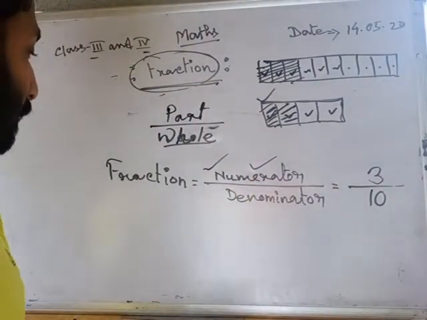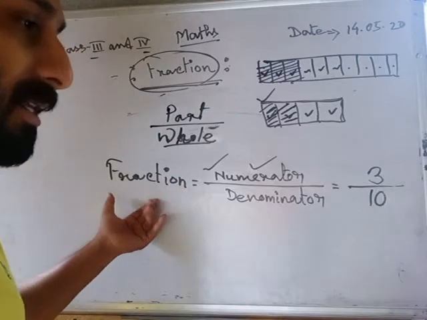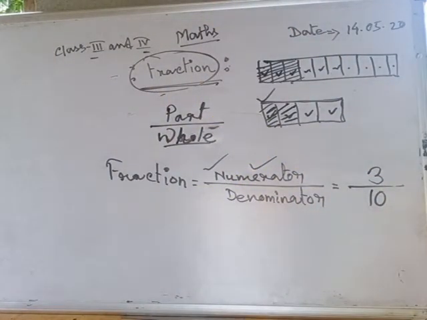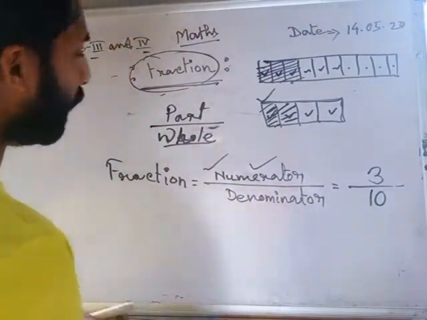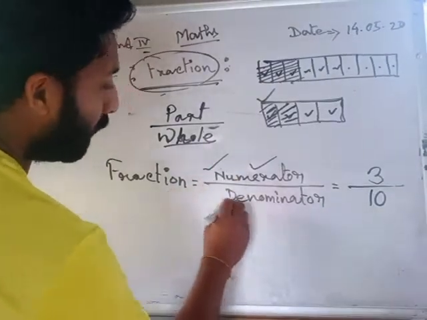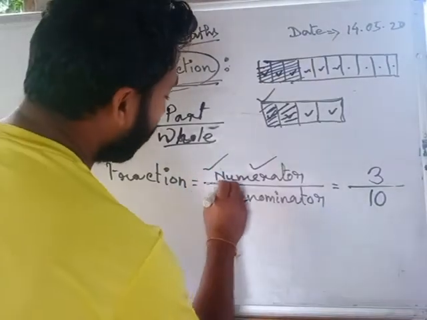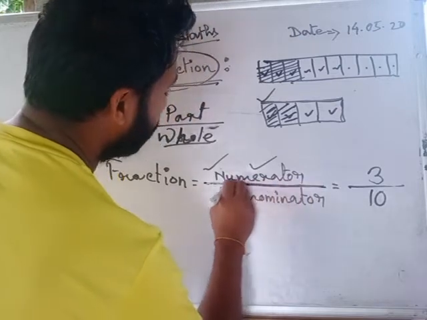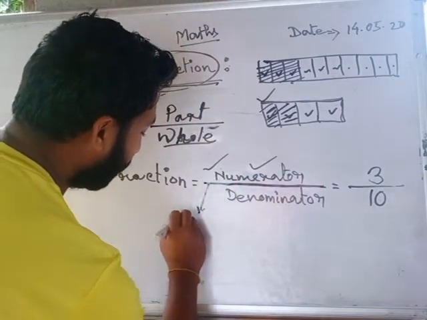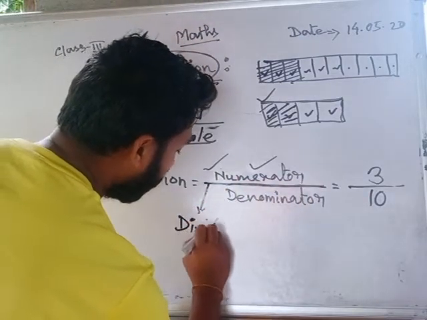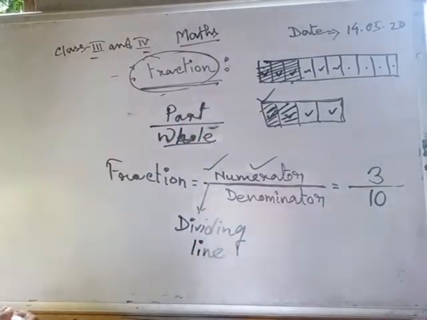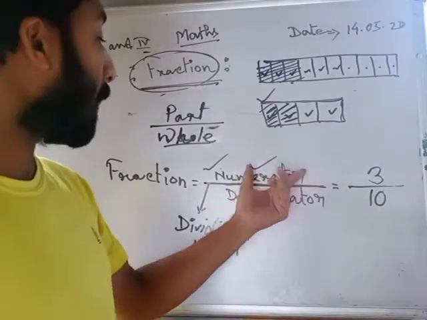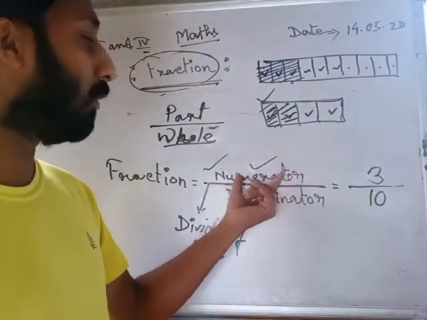Okay, that means every fraction has 2 parts. One is numerator and second one is denominator, which are separated by a dividing line. The upper portion of the dividing line is called numerator.